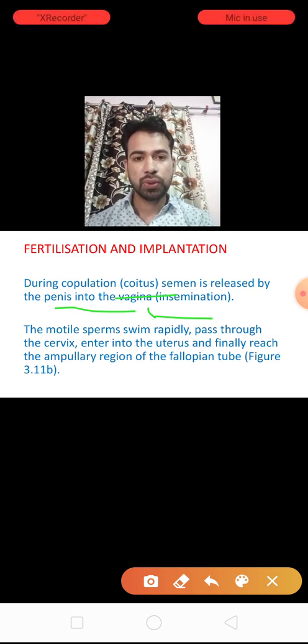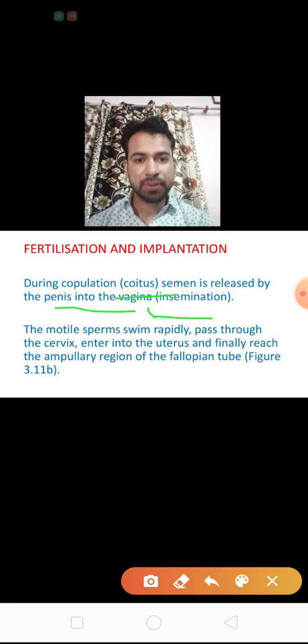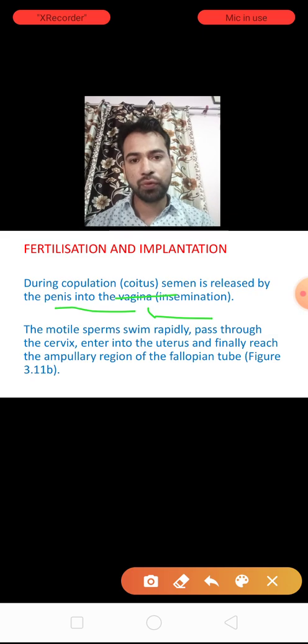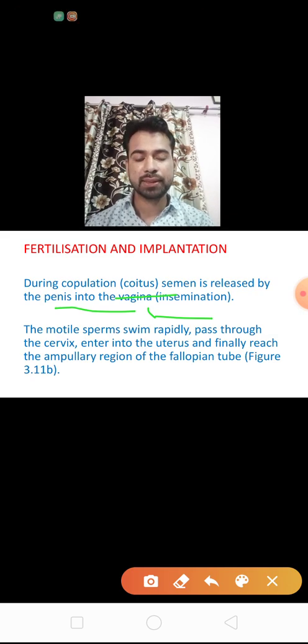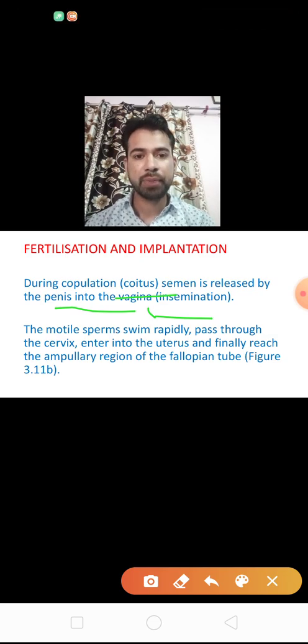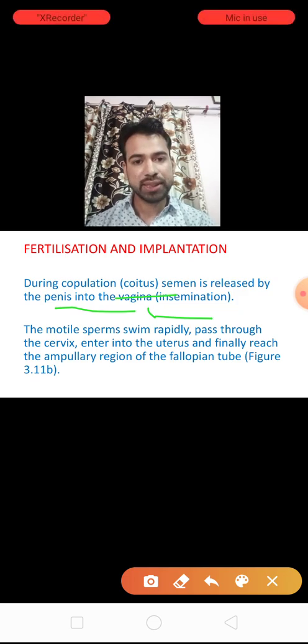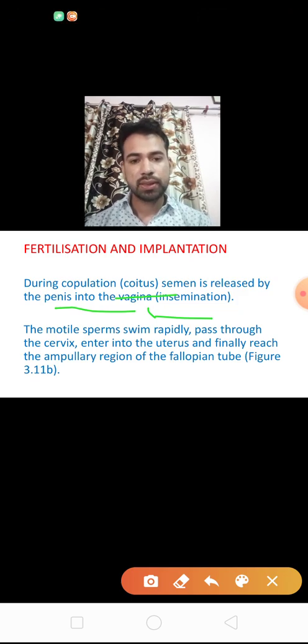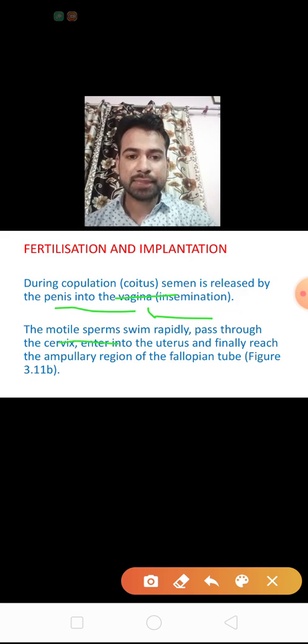The semen contains sperms, and sperms are motile. They can move from one place to another, which is why they can easily reach the female reproductive tract. Clear, children?